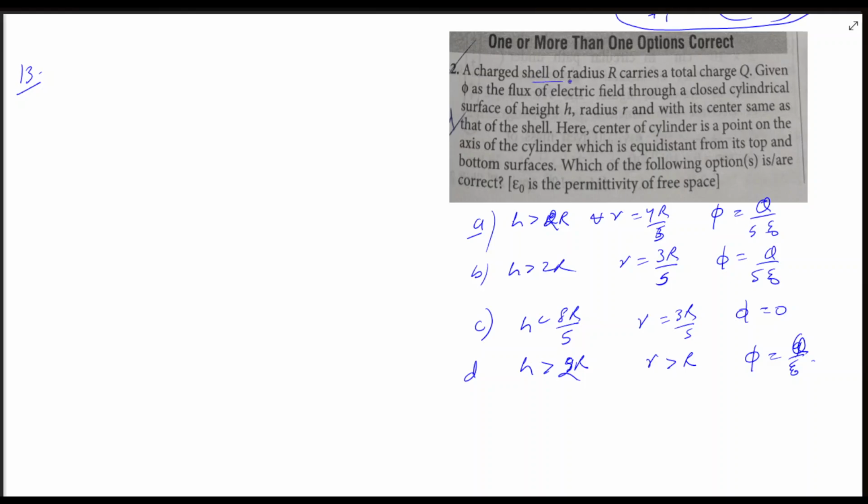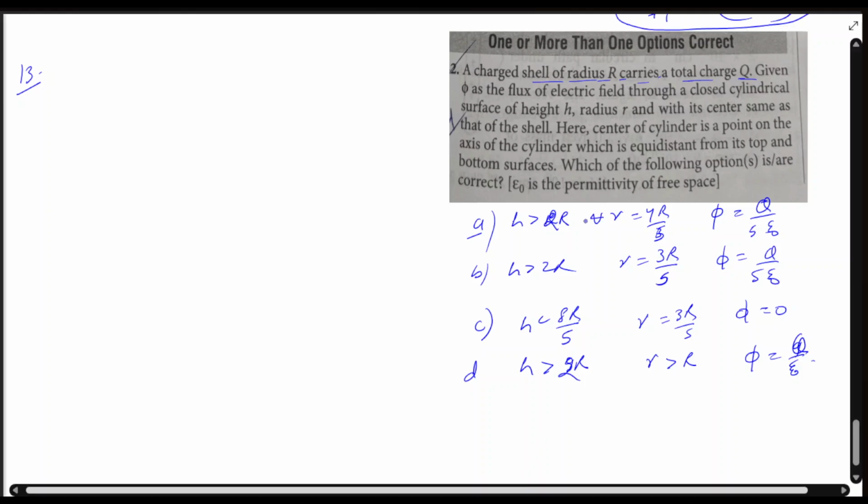Let's see this question. A charged shell of radius R carries a total charge Q. So we have a shell of radius R having a charge Q, and since it is a shell, the charge will be distributed on the surface. Now we have a closed cylindrical surface of height h and radius small r.